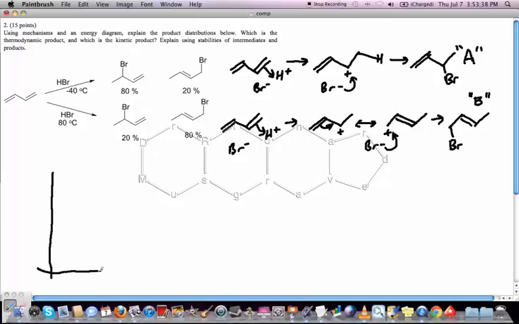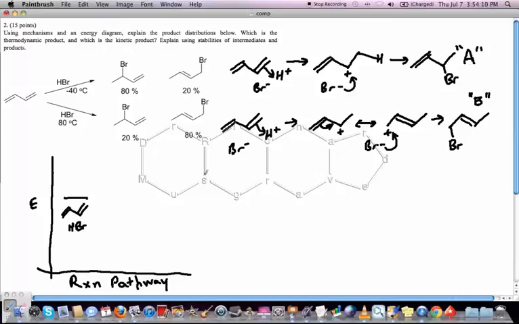We'll draw an energy diagram, and the energy diagram will have energy on this axis and reaction pathway, or reaction coordinate if you'd like, it doesn't matter, on this axis. Now we're going to start out here, and here is where we'll see the reactants, which are the diene and HBr.